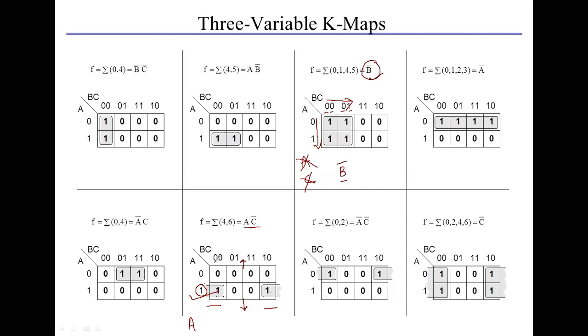Let us see about B and C. B is 0 here, but B has become 1 here. So B is changing, therefore B will not come in the equation. C is 0 here and C is 0 here also. Therefore, C will appear in the equation. But it is 0, therefore in SOP we will write it as C bar. That's how the function will appear as A C bar. This is the minimized form for this function as per the Karnaugh map equations.